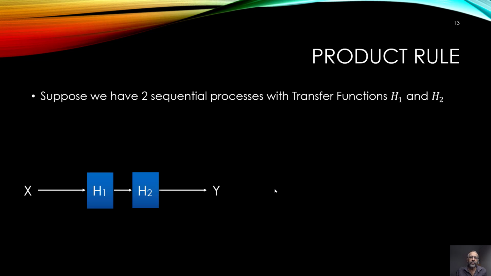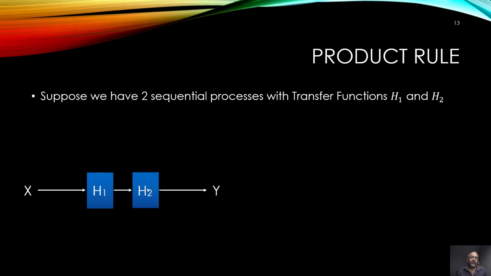The product rule, for example, that's if we have two processes in sequential order, so we have an input X that is going to a process H1, this transfer function H1, and the output of H1 is the input for H2, and then the output of H2, that's the output of our whole system.